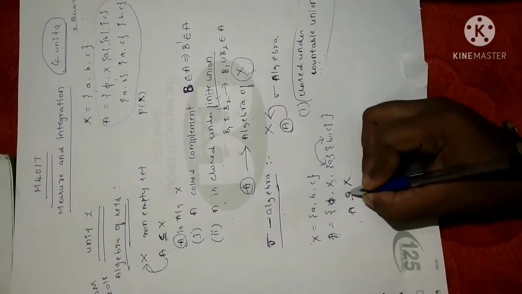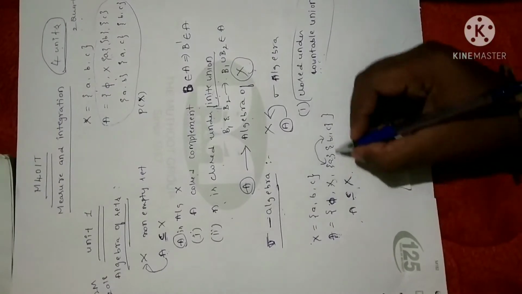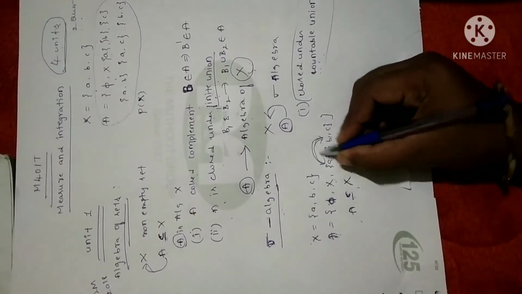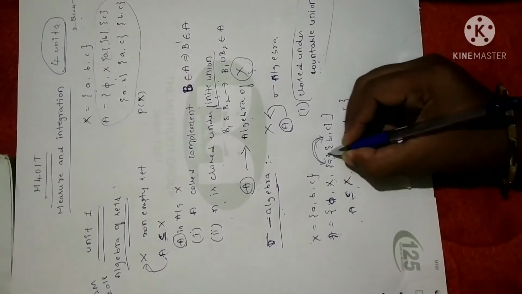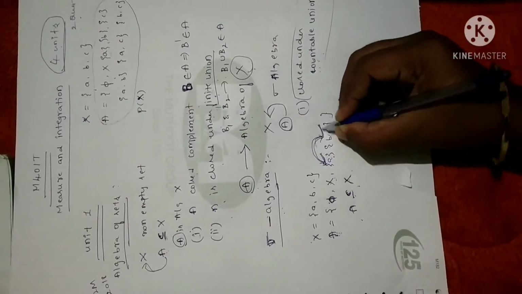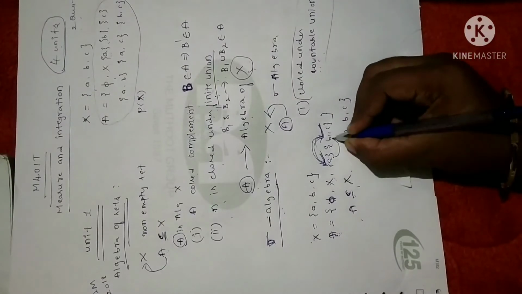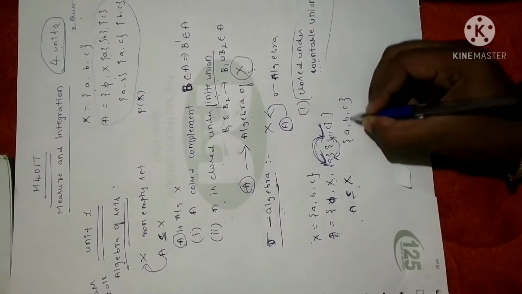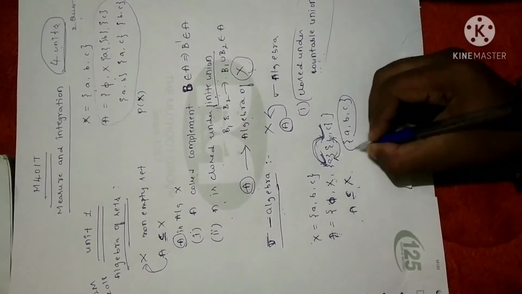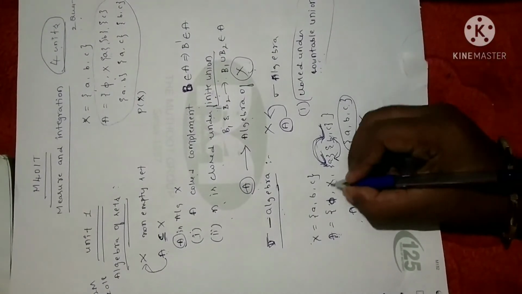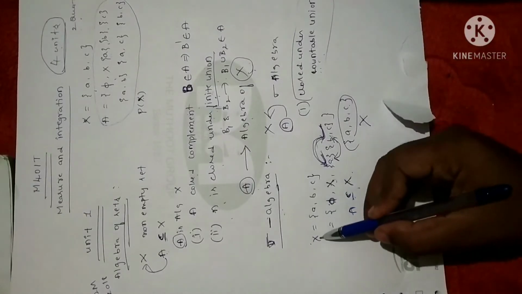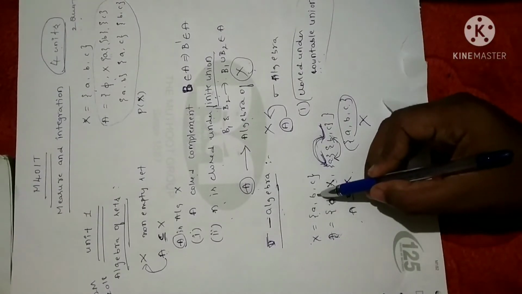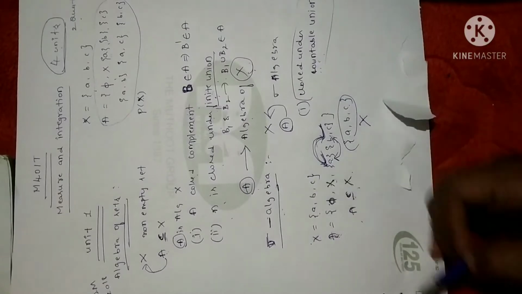Fine. Now A is clearly a subset of X. If you are going to take the union of these two sets, what are you going to get? I am going to consider this set and this set. If you take the union of these two elements, you will get ABC. Again, ABC is none other than set X, which is also in A. I'll repeat once again. I have taken a set X with an element ABC.